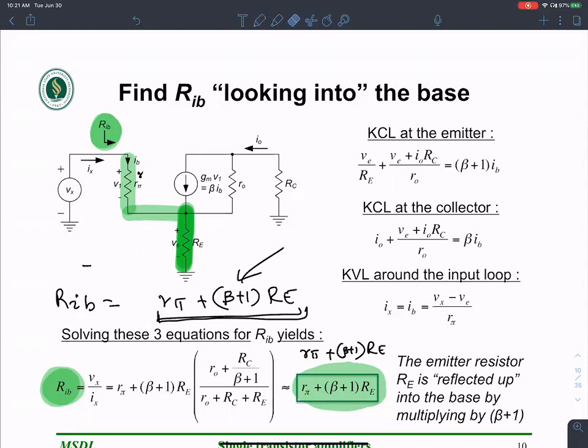Looking into the base, this is what you would find. That is a simplified idea of what you'll see in R base: R pi plus the reflected up value of RE.